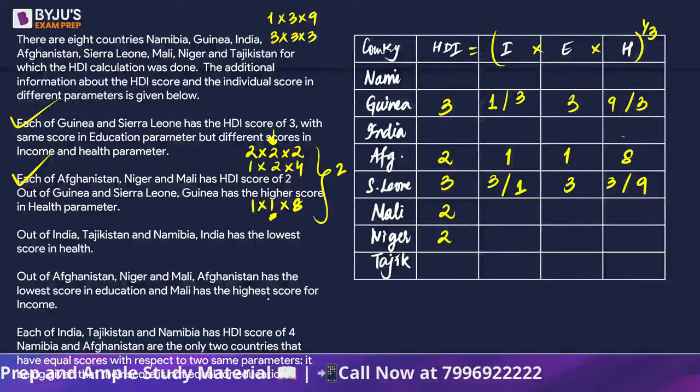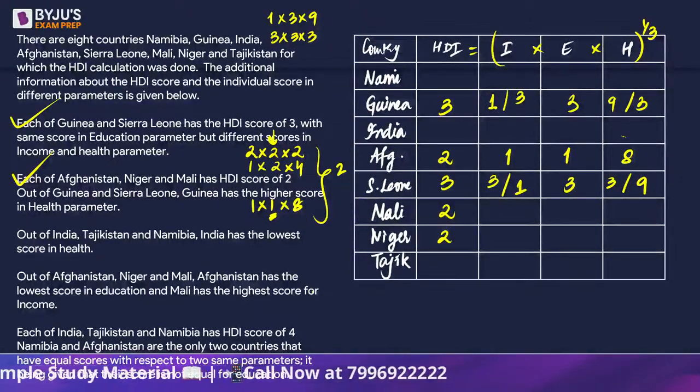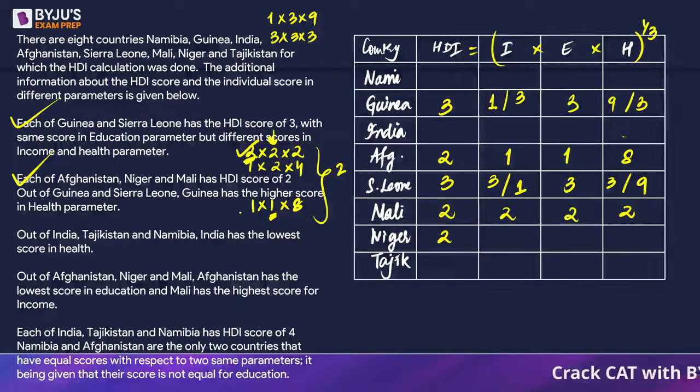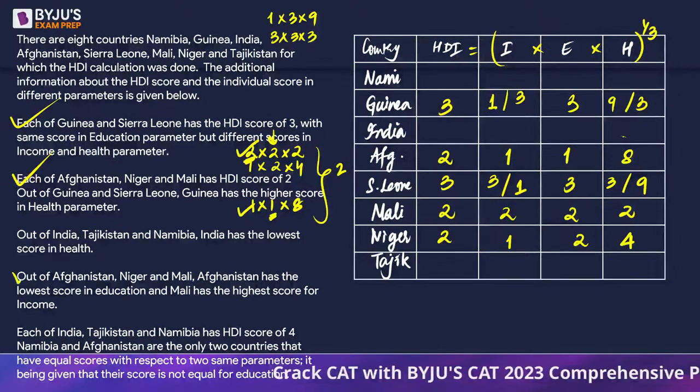And Mali has the highest score for income. If Mali has the highest score for income, that is income is the first number, right? So 222 should be for Mali. And obviously, if this is for Mali and if this is for Afghanistan, 124 will be for Niger. So this is 124. So we are done with this as well.